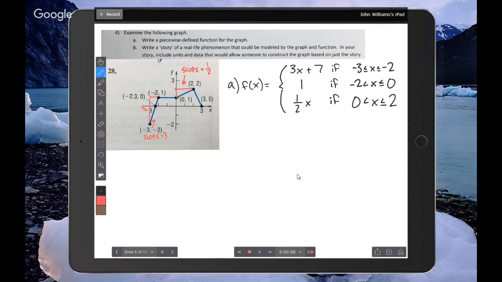And last section goes down 2 over 1. So slope equals negative 2. So we're here and we've got negative 2x. Extend my brackets a little bit.